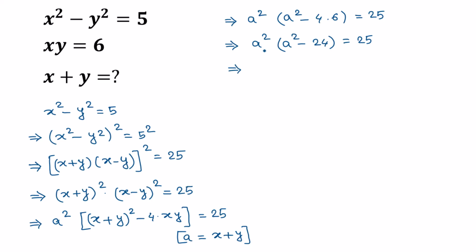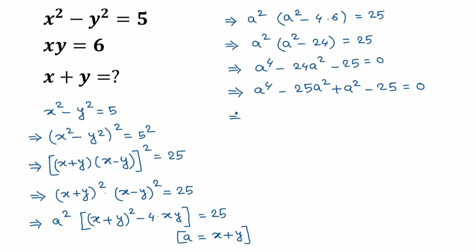Now multiplying these two terms, a square times a square is a to the power 4, minus a square times 24 is 24 times a square, and taking this 25 to the left side, it will be negative 25, is equal to the right side, 0. So a to the power 4 minus 25a square plus a square, this will be negative 24a square, and negative 25 is 0.